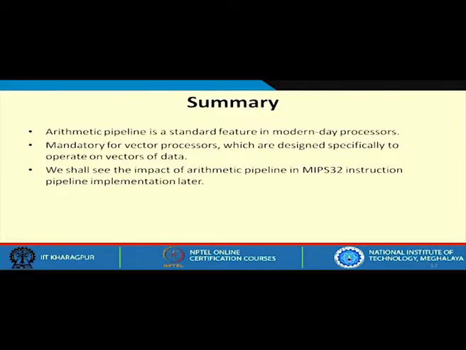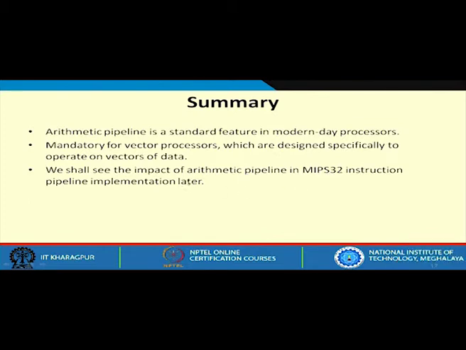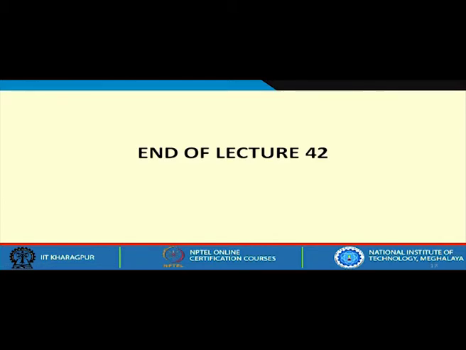That is possible only if we have vectors of data to be operated on. All right. We shall see later that the arithmetic pipeline can complicate the design of the MIPS 32 pipeline, but this we shall be seeing only later. So, with this we come to the end of this lecture.